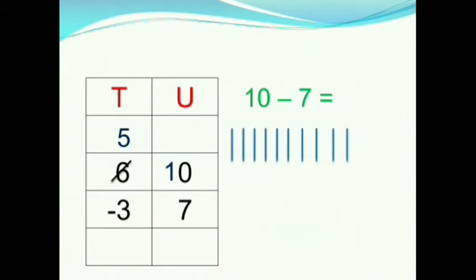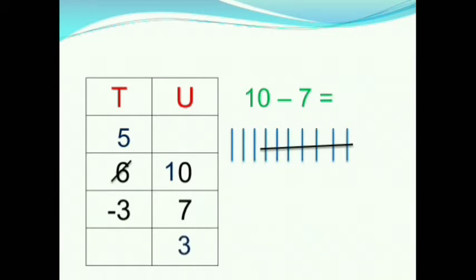Now we should subtract units place digits. The digits in the units place are 10 and 7. I have drawn 10 lines and cut 7 lines. Now how many lines are remaining? 1, 2, 3. 3 lines are remaining. 10 minus 7 equals 3. Write 3 in units place.